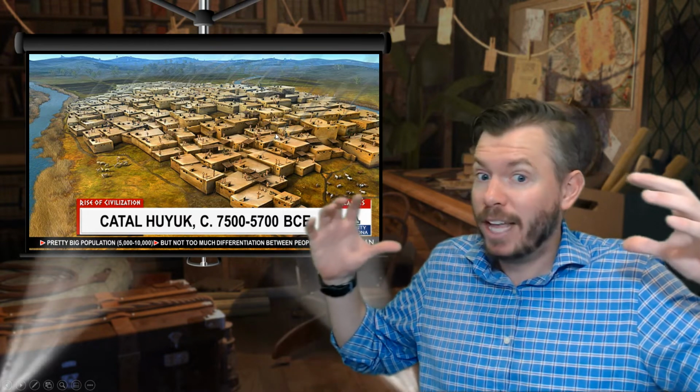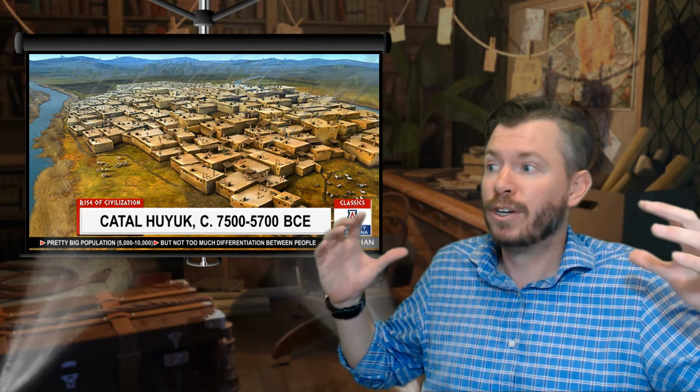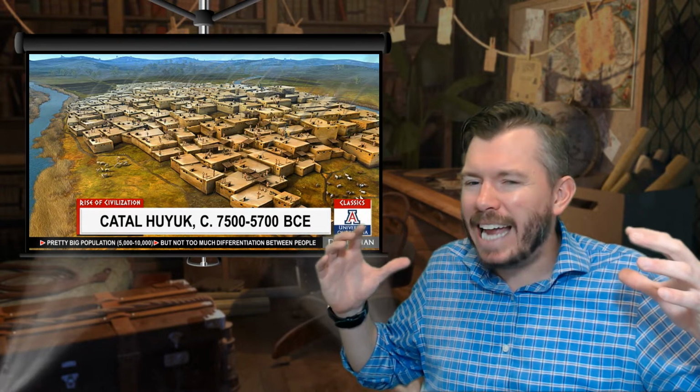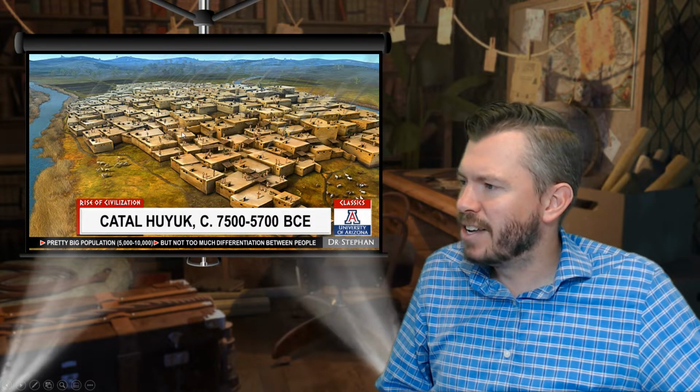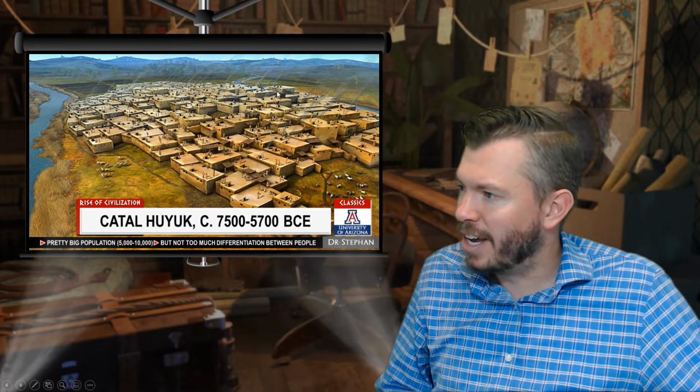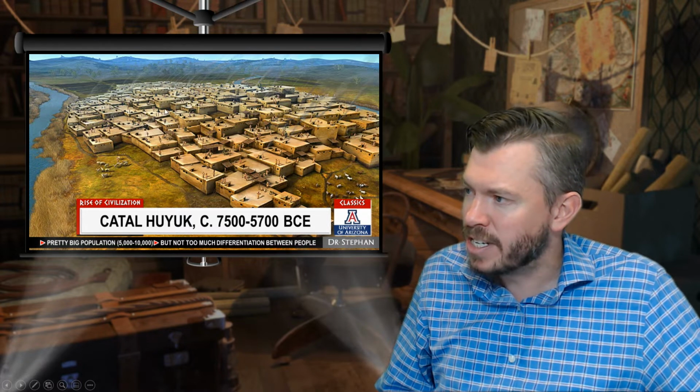And what you're going to notice from the reconstruction, one of the important takeaway points here, is that even though the population is for real pretty large for the pre-modern world, everybody's kind of the same, right? So each family has their little house. When you look at the site, it's just a conglomeration of houses.